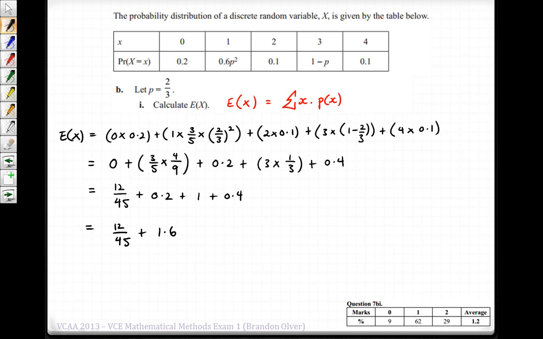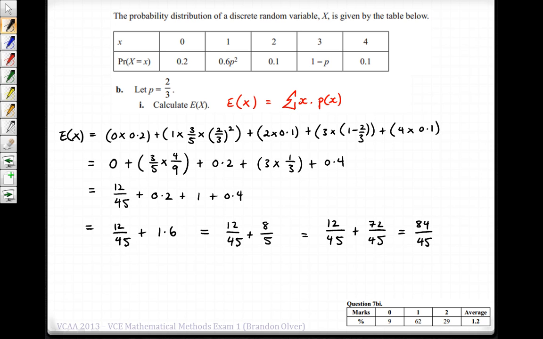And now we just have to turn it all into something that can be collected. So what can we do here? Let's go, 1.6 can be written as 8 on 5. And then if we times the top and the bottom by 9, we can have 12 on 45 plus 72 on 45, which gives me 84 on 45.